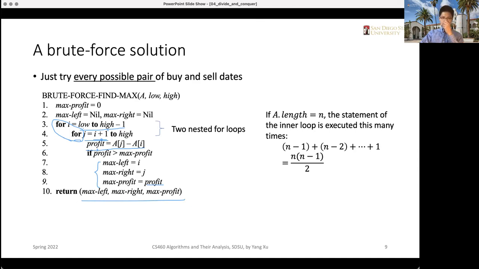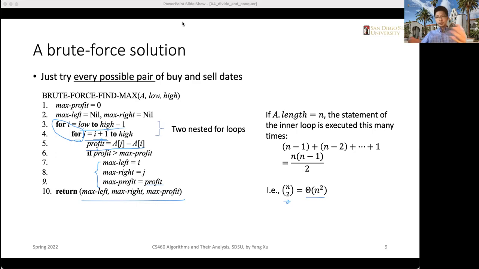The running time results in quadratic time efficiency, because there are so many executions of the code in the nested for loops. You can think of it as the problem of picking 2 out of n numbers to calculate how many unique combinations there are. It's a typical discrete math problem.